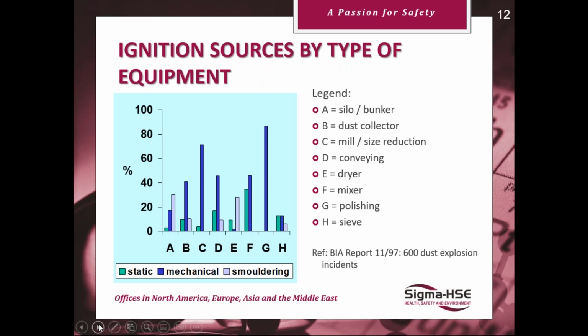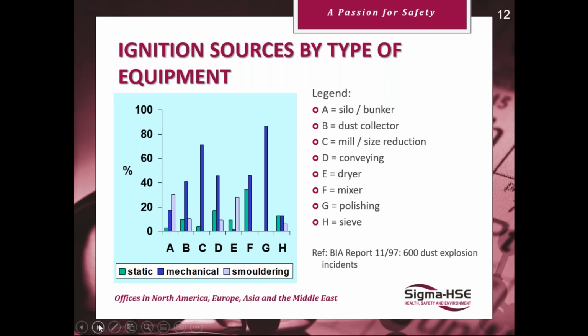So the types of equipment here is an illustration of where the higher risk of ignition is happening. And you can see statics there, mechanical and smoldering. If you look at A, silos and bunkers, and E, dryers, they're areas where you can get electrostatic problems for ignition.